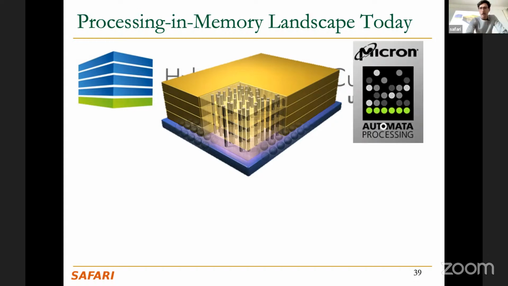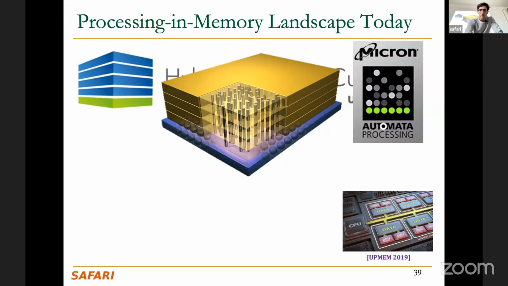Automata processors from Micron are another example of processing near memory, but there are even more recent examples, and we are going to talk about some of them today. For example, UPMEM, which is a French startup that is fabricating a processing-in-memory system that basically places some small processors called DPUs near the DRAM memory banks.